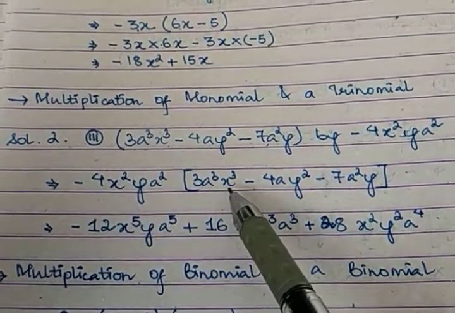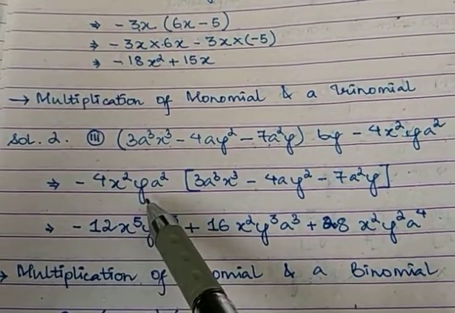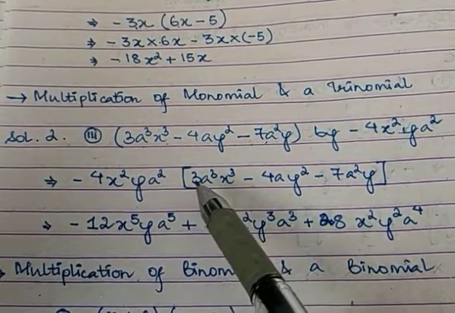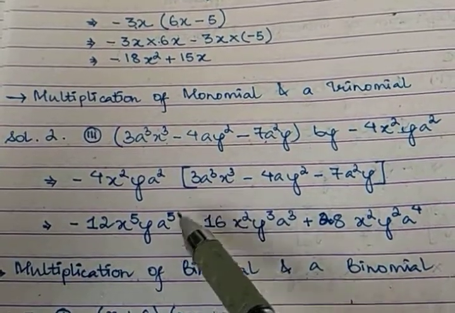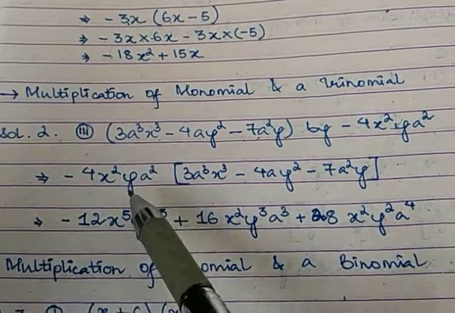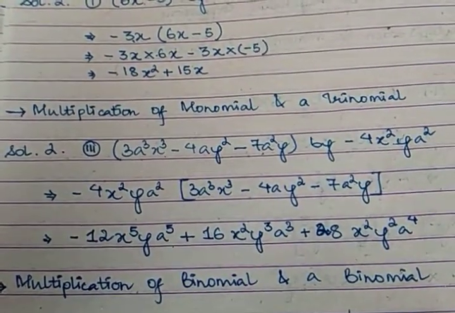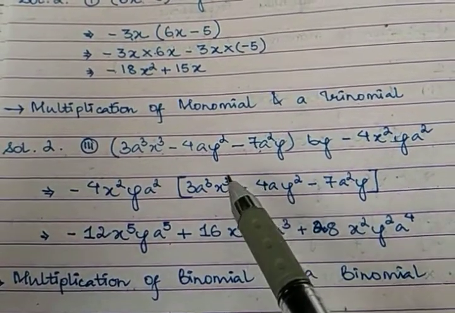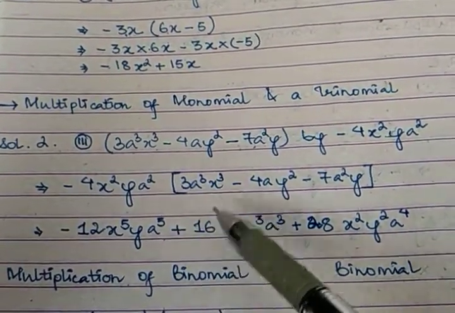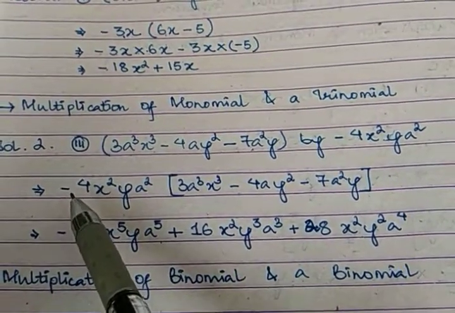We got x squared and x to the power 3, powers will be added, so x to the power 5. y remained as it is. a squared and a to the power 3, so a to the power 5. Understood? For those who haven't, if you write this line over here, then you will get to know. It's similar. What I am trying to teach you is to skip a few steps. It will be easier and time saving as well.